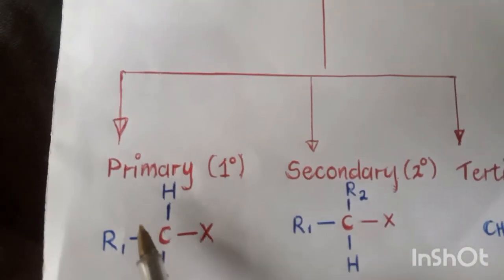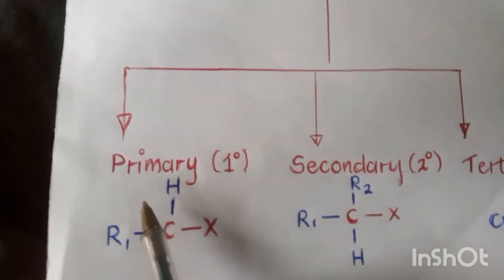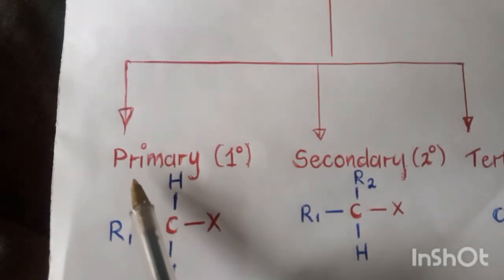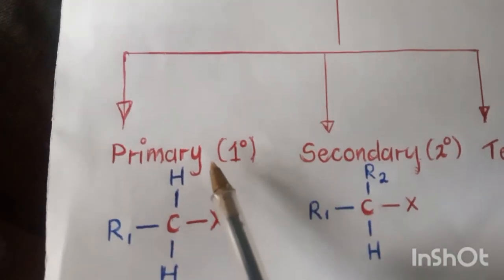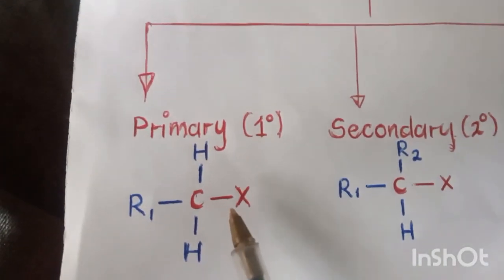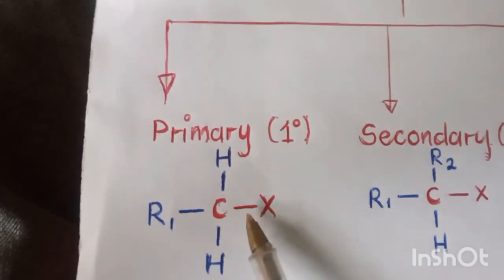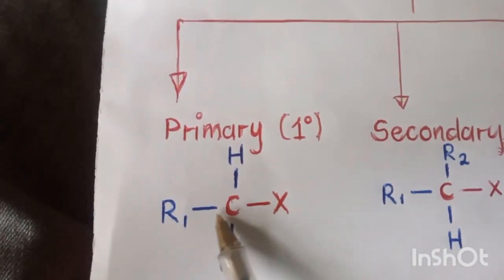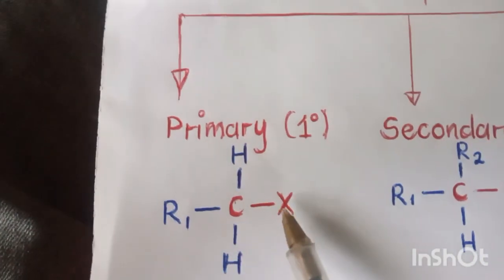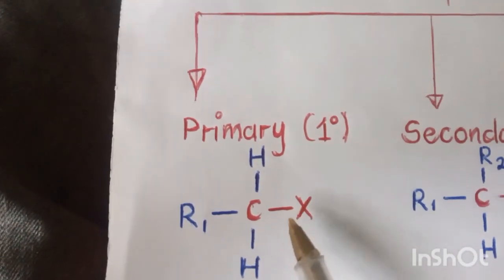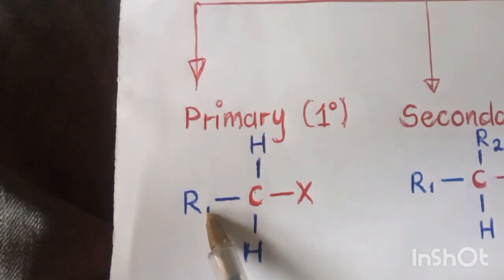The first group is called primary haloalkanes.